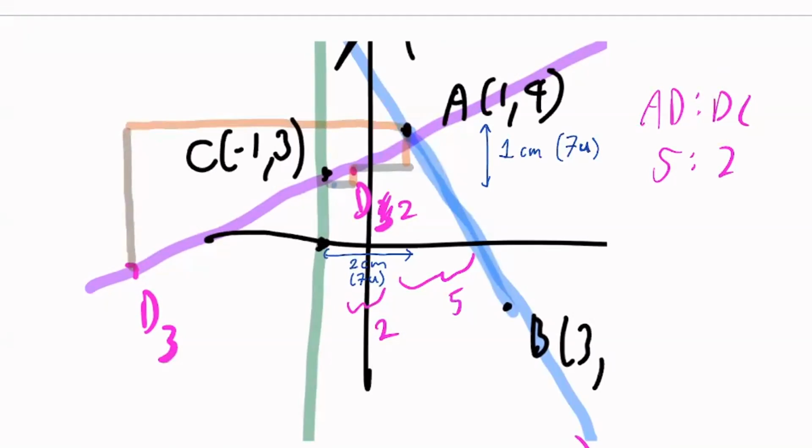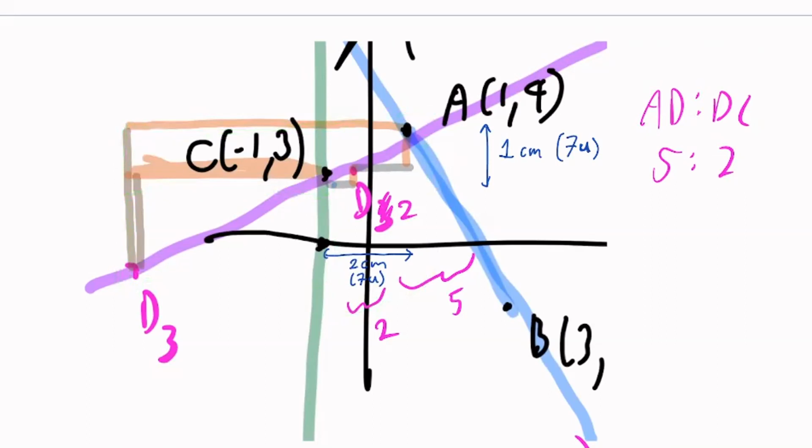Then DC here to here. Just instead of drawing it on the bottom right, I draw on the top left. Okay, so it's the same thing.